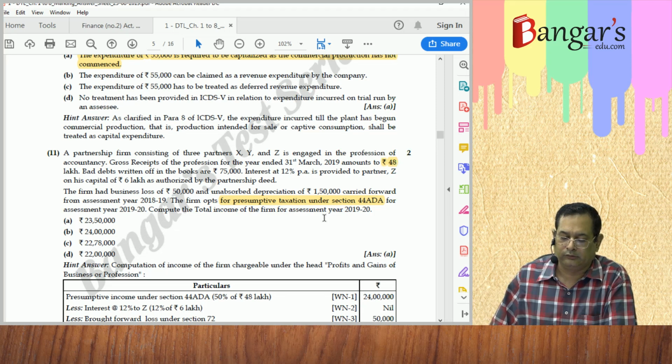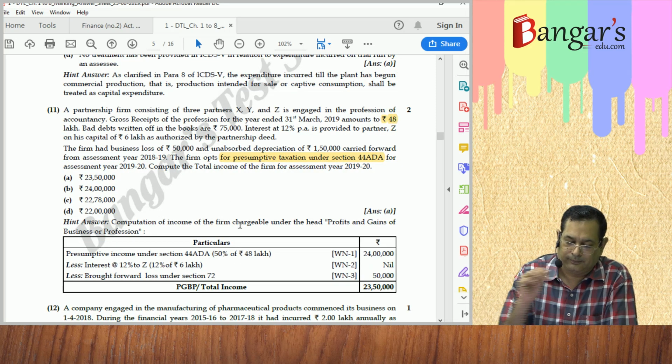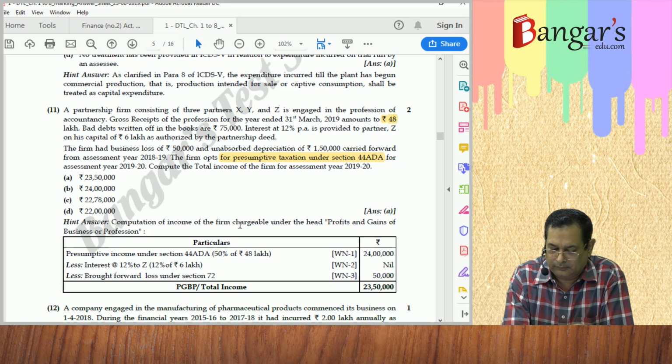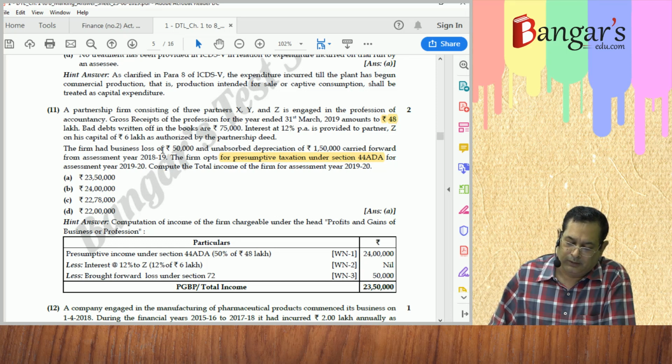All deductions under 30 to 38 will be deemed to have been allowed, including say remuneration to partners, interest to partners, and the amount of loss which the firm is carrying forward will be allowed because the same falls under section 72.